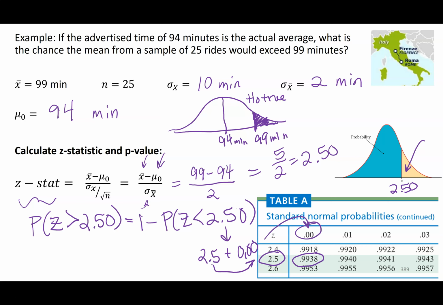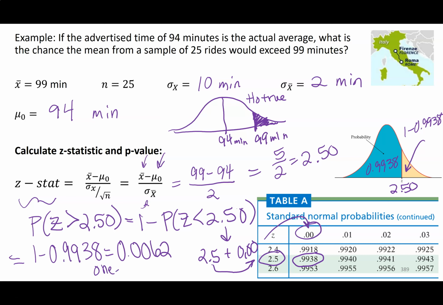And it lines up here. So I have 0.9938. Now I'm going to want 1 minus 0.9938. It's going to be 0.0062.